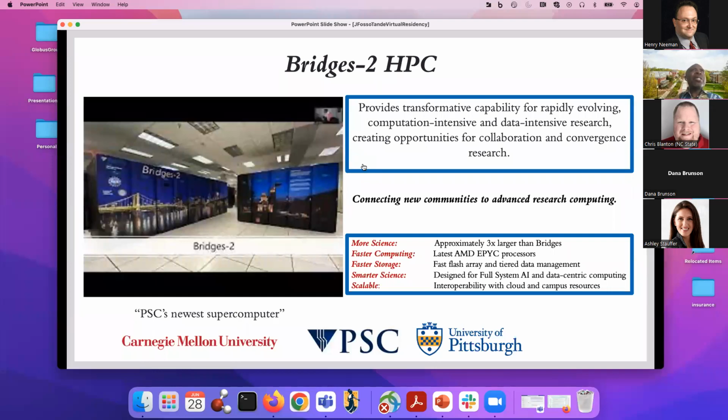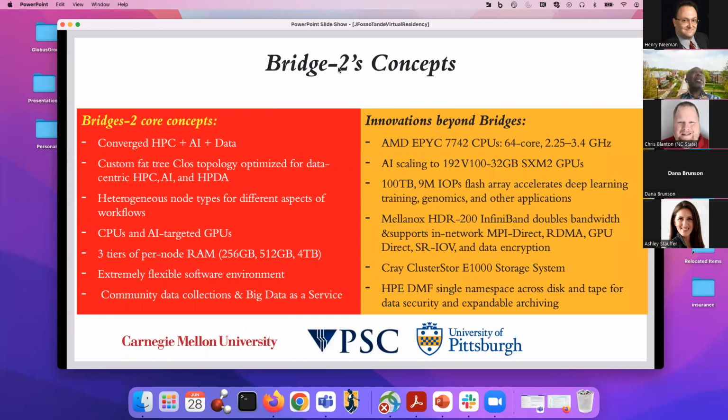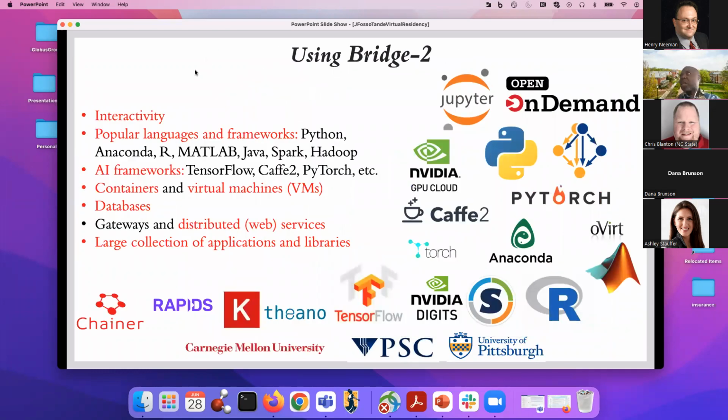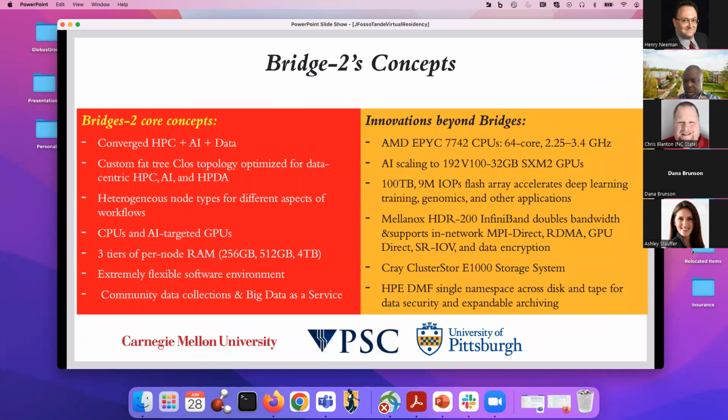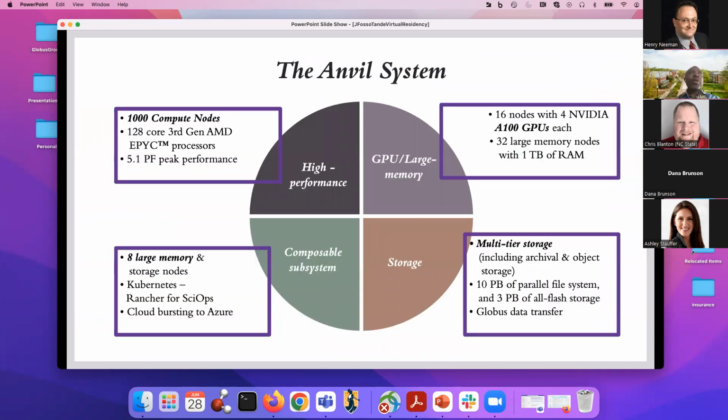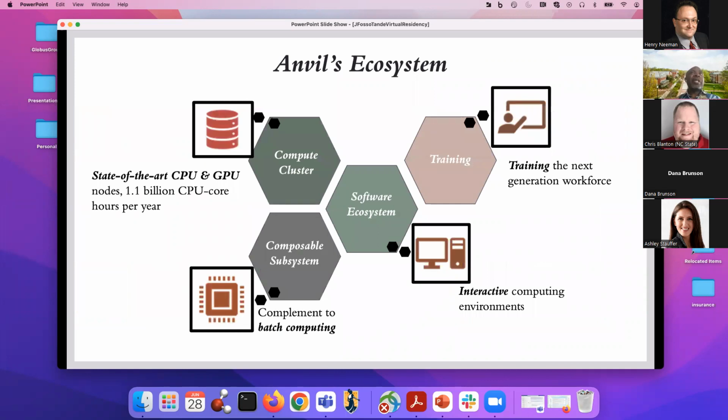What is the memory CPU on Anvil? So Anvil has a number of nodes with different memory requirements.